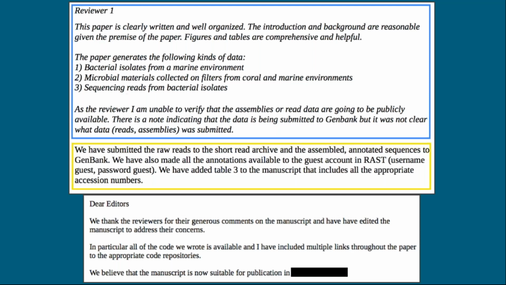So the top box where it says Reviewer 1, the box in blue, shows you what a reviewer is saying about this particular journal. And you can see that they have some positive notes, some neutral notes, and also a couple of questions, things that they want more information on or need clarification for. And you can see that here.